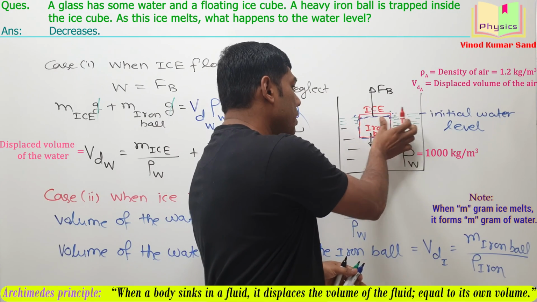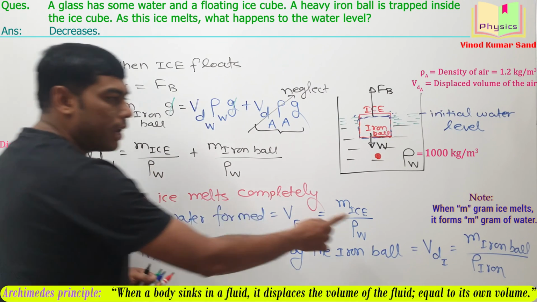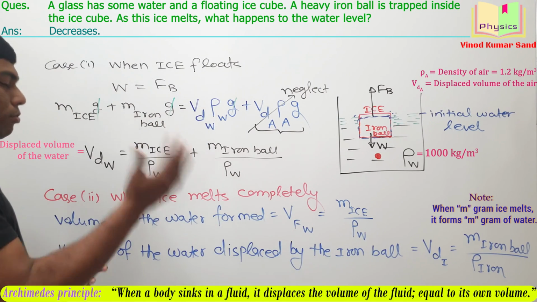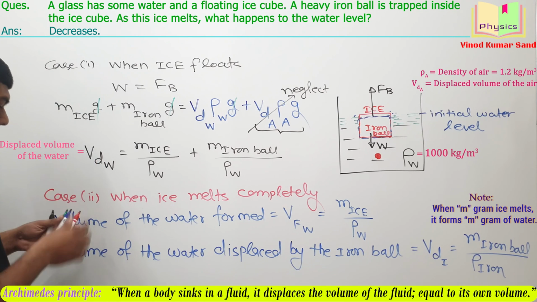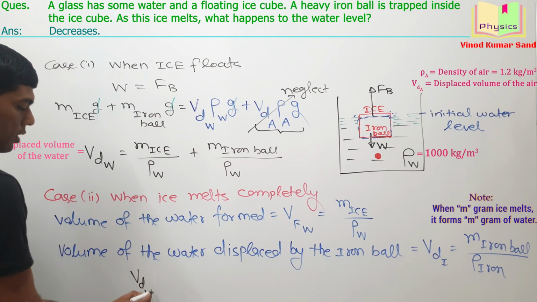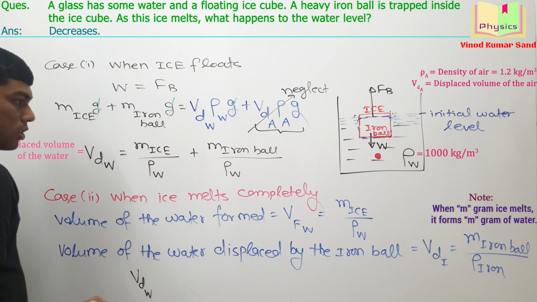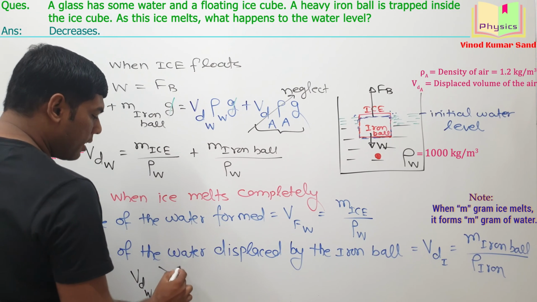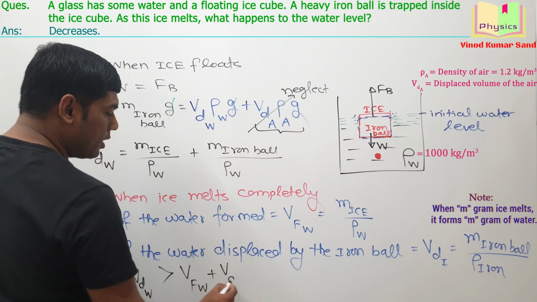Clear to you? Now, if we check this data and this data, we'll find the answer. I'm going to compare the data. Let's check it very carefully. VDW, the volume of the water displaced initially, is actually greater as compared to VFW plus VDI.